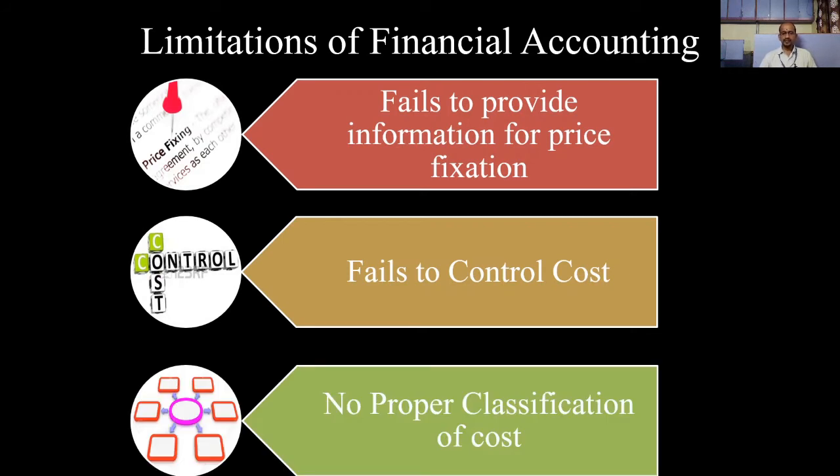Next, no proper classification of cost. In financial accounting, whenever we incur some expenditure, we write a journal entry. For example, we paid wages for manufacturing a particular unit to a particular person. So what entry do we make? Wages account debit to cash account, right? But suppose, as we have seen in the earlier example, we are producing 4 different products.